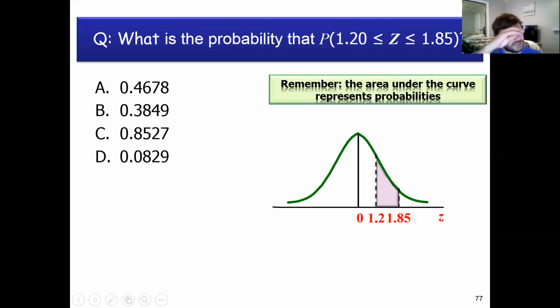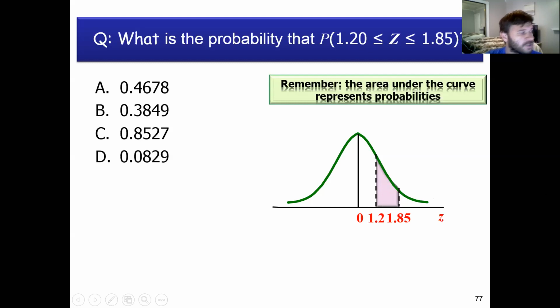Next question asks us about the probability that Z is between 1.2 and 1.85. This is going to require us to now find 2 table values. We're going to have to find the table value for 1.85. That'll give us all the area between 0 and 1.85.